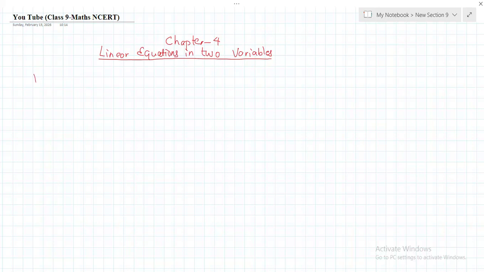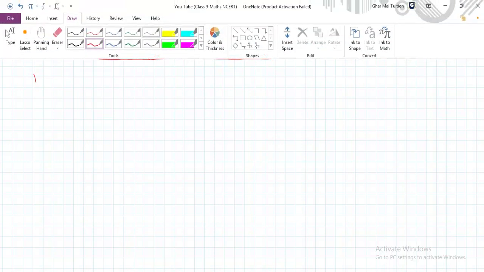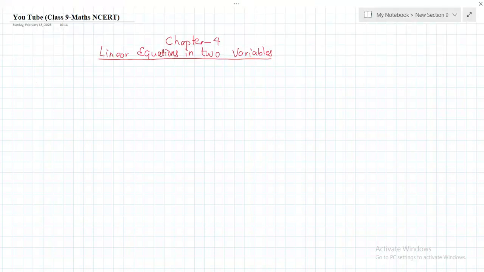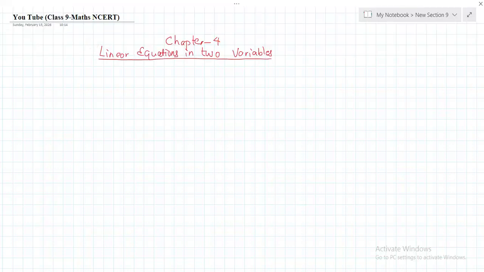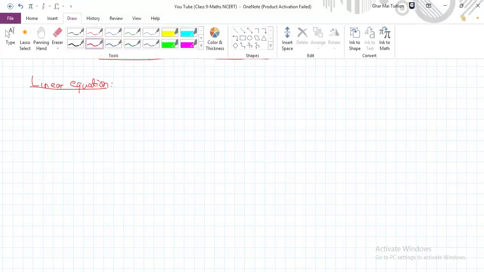So let's see the definition of linear equation.